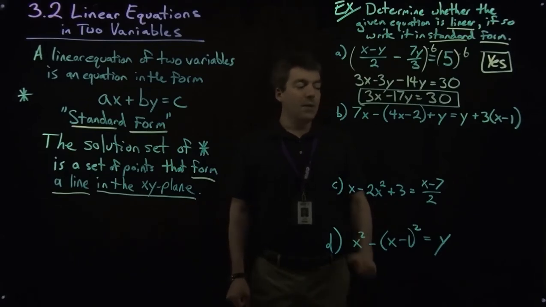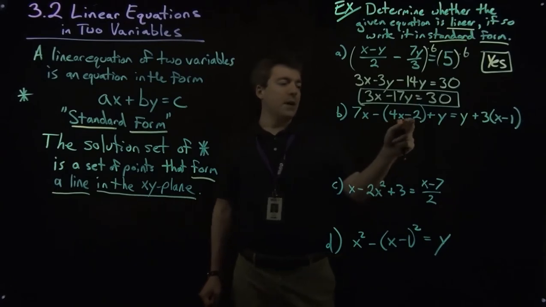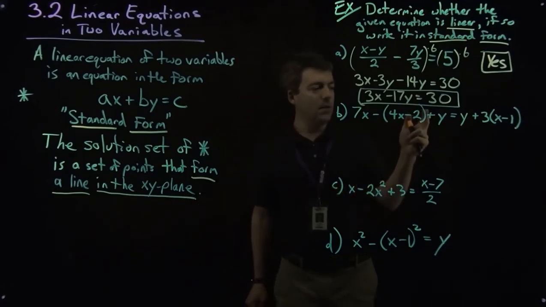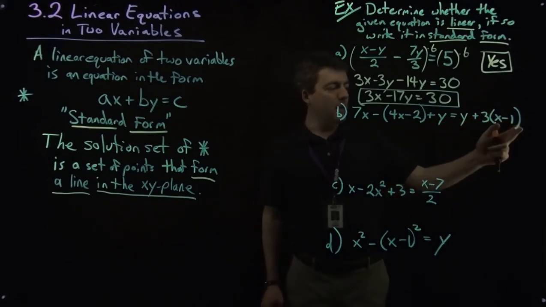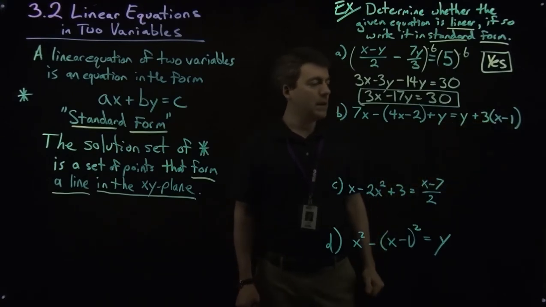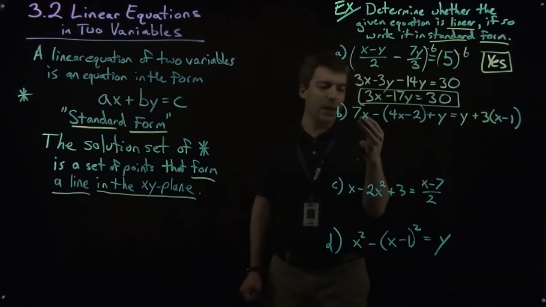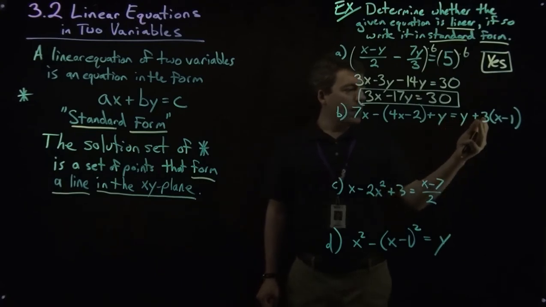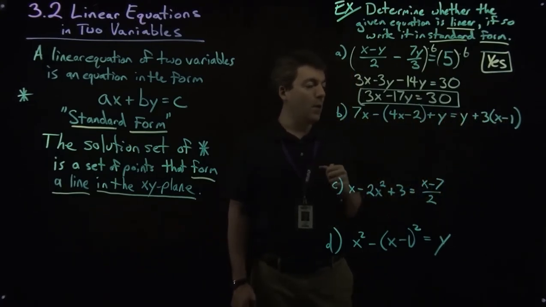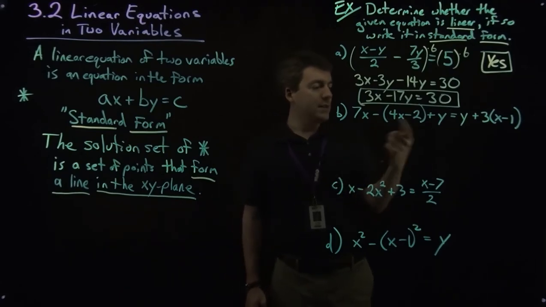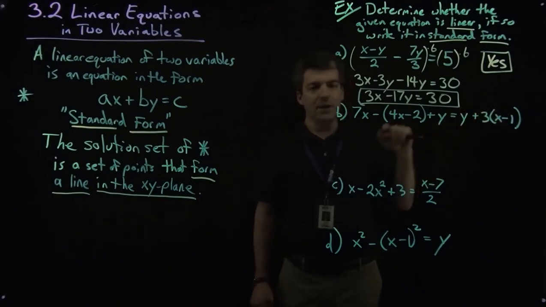Okay, let's look at the next one. So we have 7x minus the quantity 4x minus 2, and then plus y, equal to y plus 3 times the quantity x minus 1. Again, if we look through this equation and look at every term, we see there's no x raised to a power other than 1, neither for a y. You have to check these products here. We multiply that 3, and that does not increase the power on x.